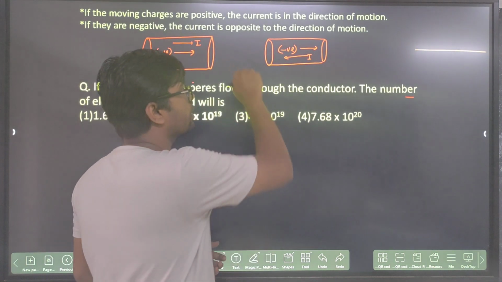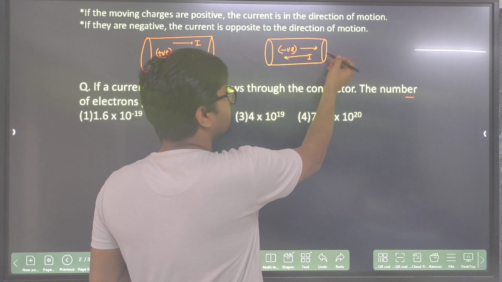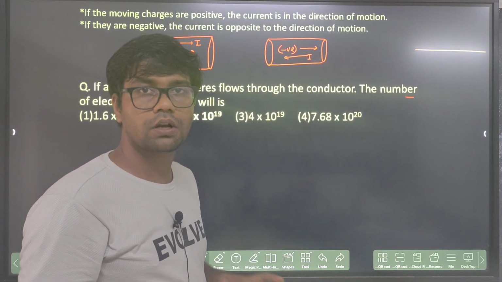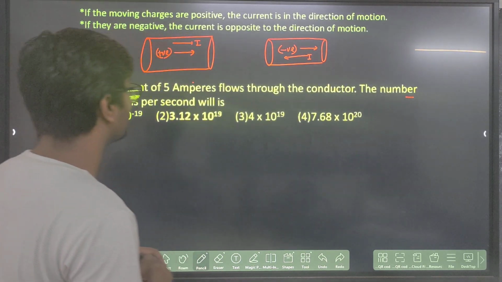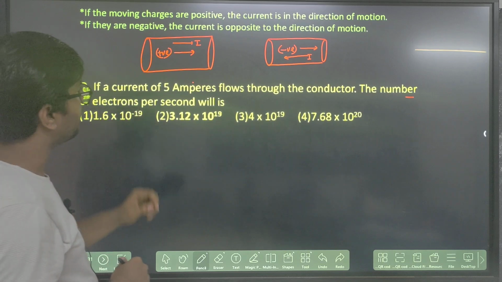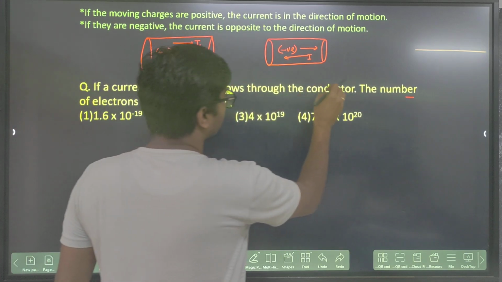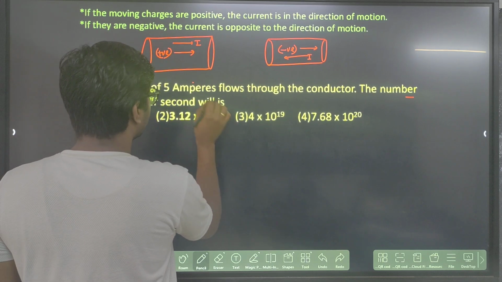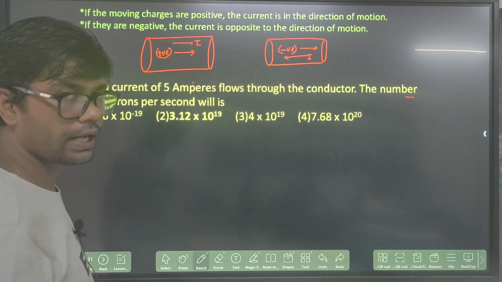Basically, if the electron is moving along this direction, the current will be in the opposite direction to the motion of the electron. Clear? Let's do one problem. If a current of 5 ampere flows through the conductor, what is the number of electrons per second?